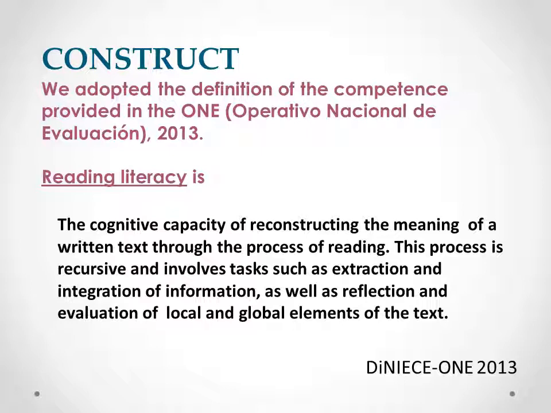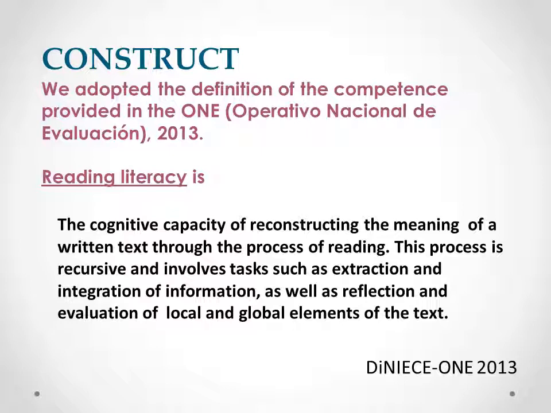Next, the definition of the construct states the following, and involves tasks such as extraction and integration of information, as well as reflection and evaluation of local and global statements of the text. This statement mentions the reading process involved in comprehension. So, these are the processes a skilled reader does when confronted with a text.